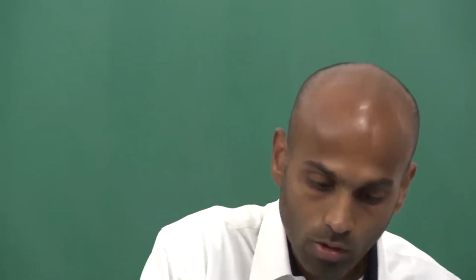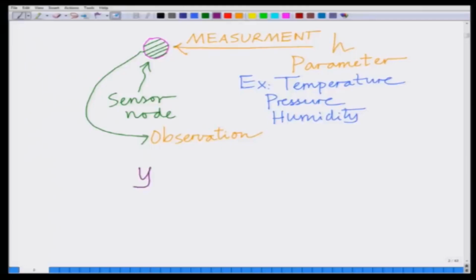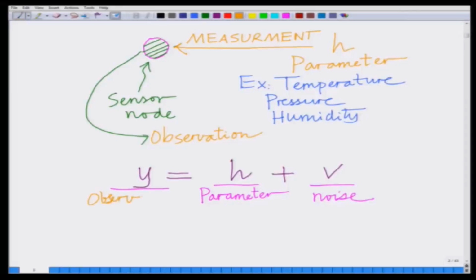Let us say I denote my observation by y. The observation of the parameter h is typically going to be affected by the noise v. So, this v represents your noise, h represents the parameter as we have already seen, and y is your observation, which is also your noisy observation.